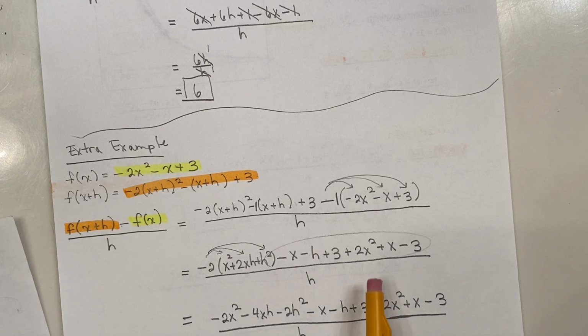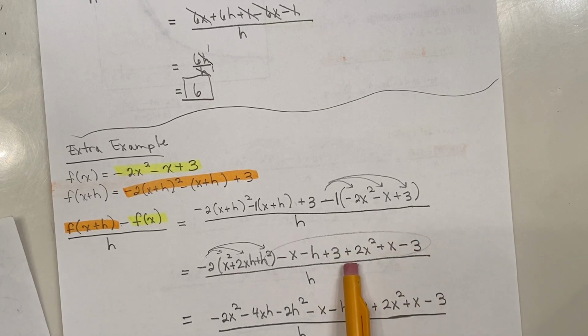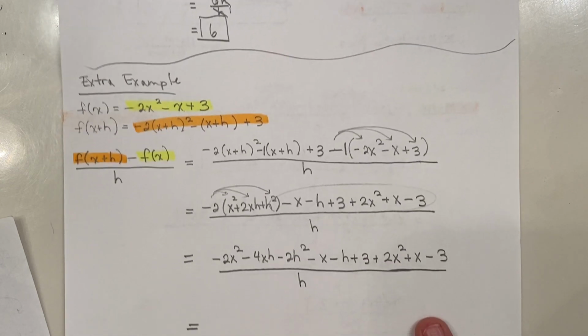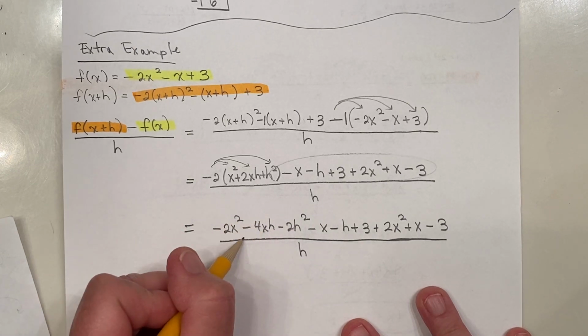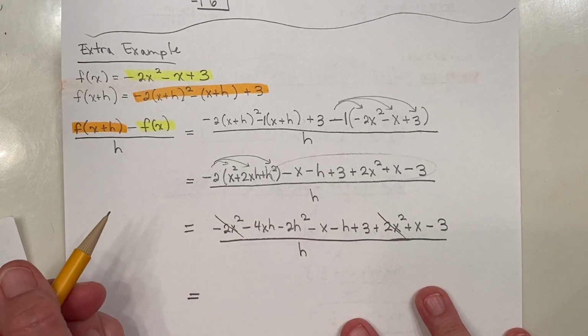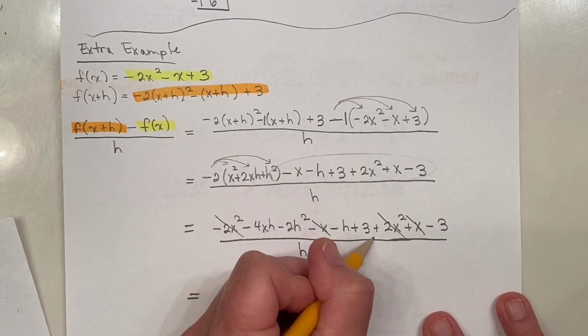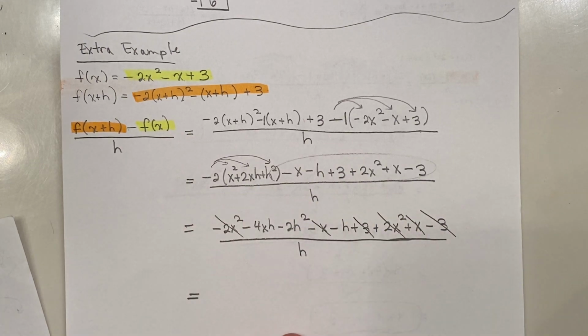Again, a reminder, the whole function, what falls here behind the subtraction sign, which is now made into an addition sign, all of the function should cancel out with another term. And if it doesn't, we probably made a sign mistake. All right, I see negative 2x squared and positive 2x squared. I see negative x and positive x, and I see a positive 3 and a negative 3.